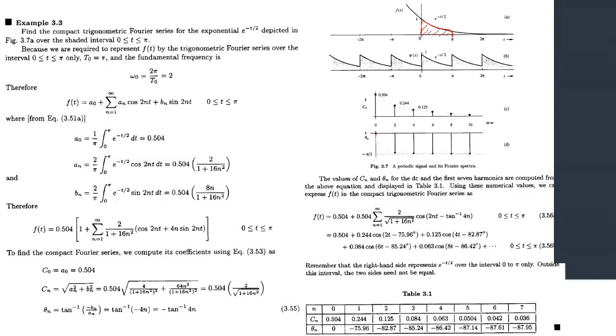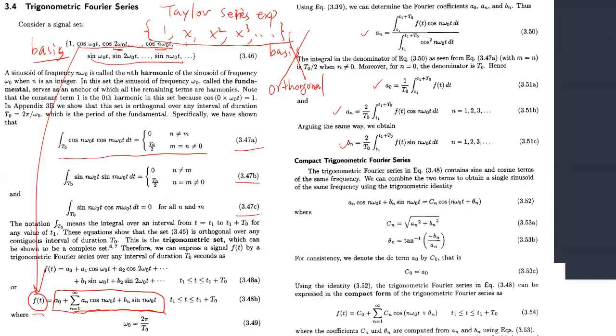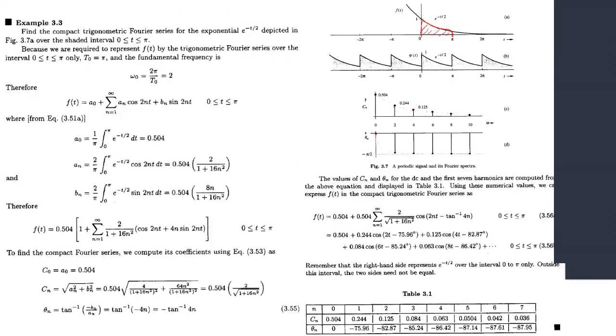So this is called a compact notation. Because of this term, you can always write like this. You can always combine this with phase and amplitude. So you put amplitude in here, put the phase in here. Okay, so that gives you a Fourier series analysis.